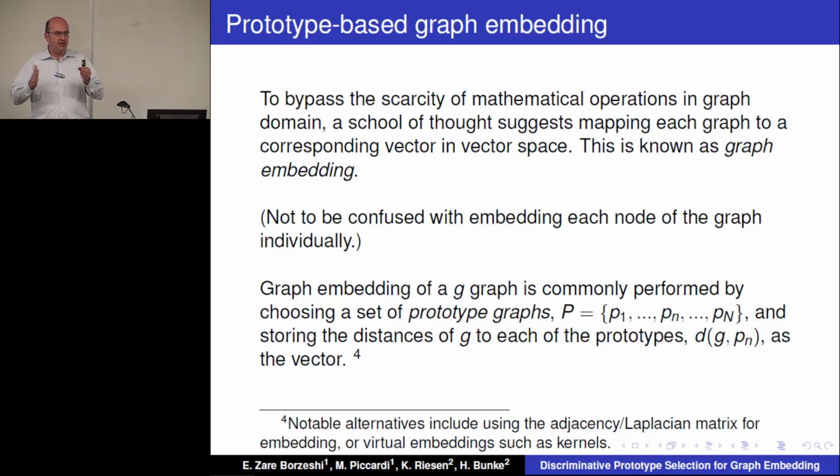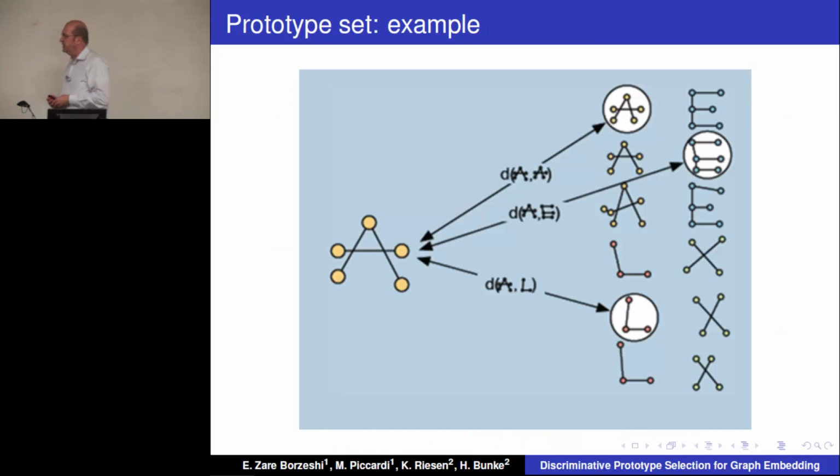Get your own set of templates, or call them prototypes, typically called prototypes. You choose the prototypes and you use the prototypes to represent the differences, or distances, between your graph and this set of n prototypes, P1 to Pn. The idea is something like this. It's very simple to catch. You have a graph, a probe graph, and you may have as prototypes these 3 or 4 graphs and you measure the distances.